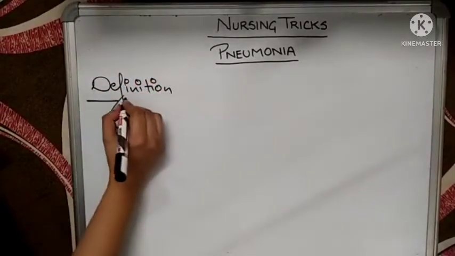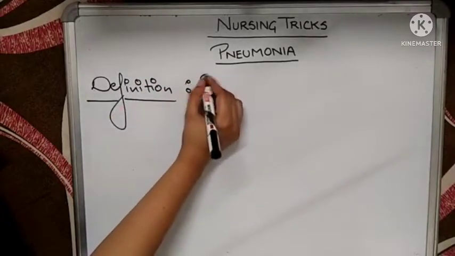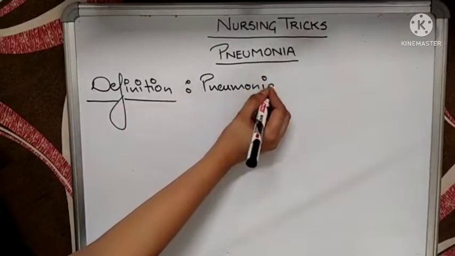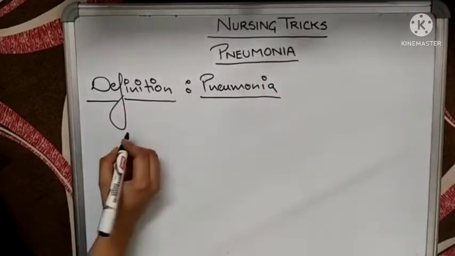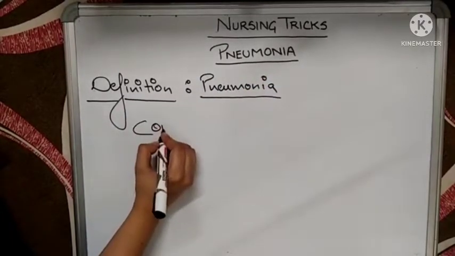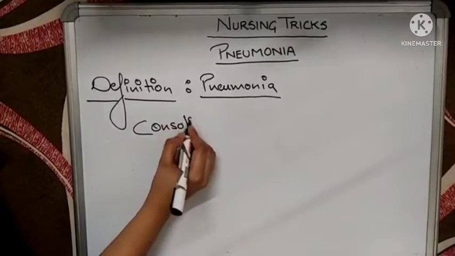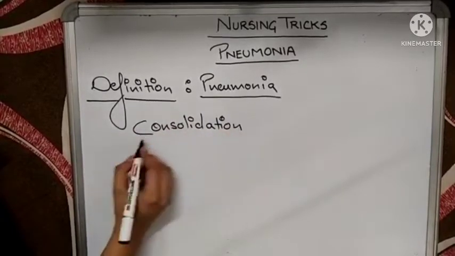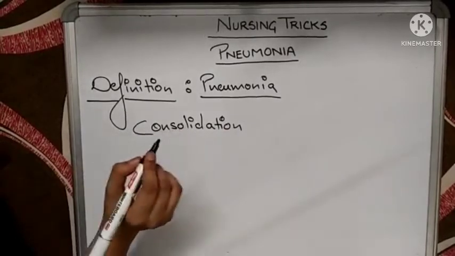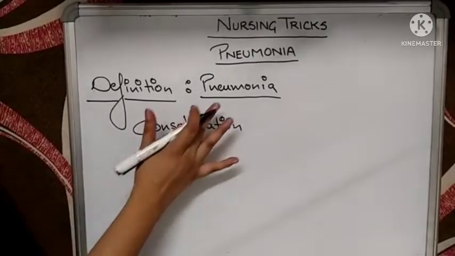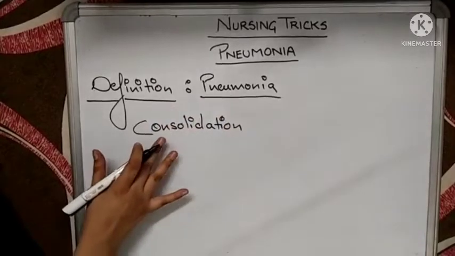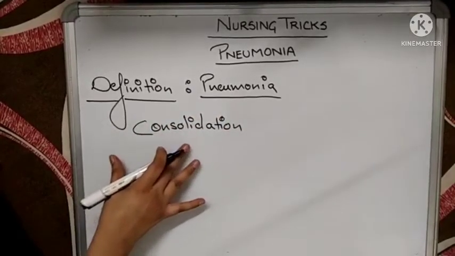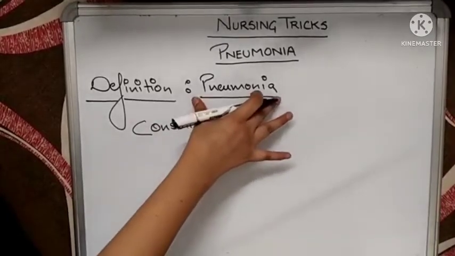So the word pneumonia, if you define this word, says that it is a consolidation. Now what does this word mean, consolidation? Just remember that whenever you are writing a definition of pneumonia, this word should be there in your definition. Why? Because this word itself defines this particular term.